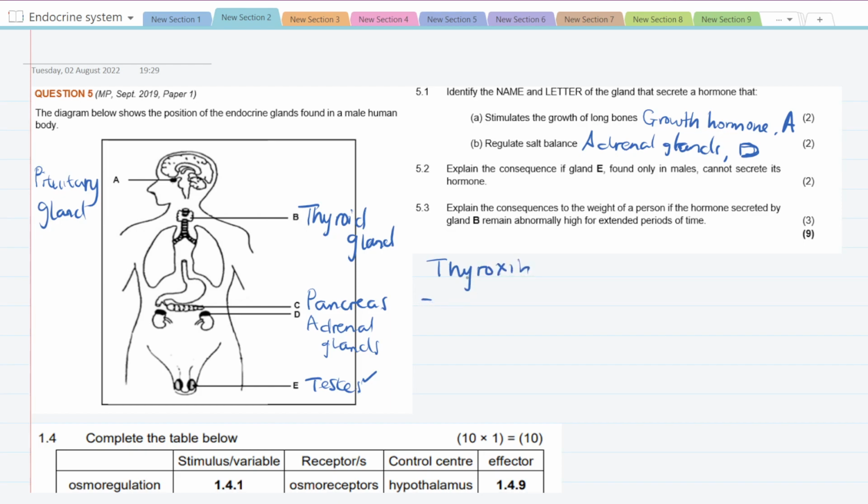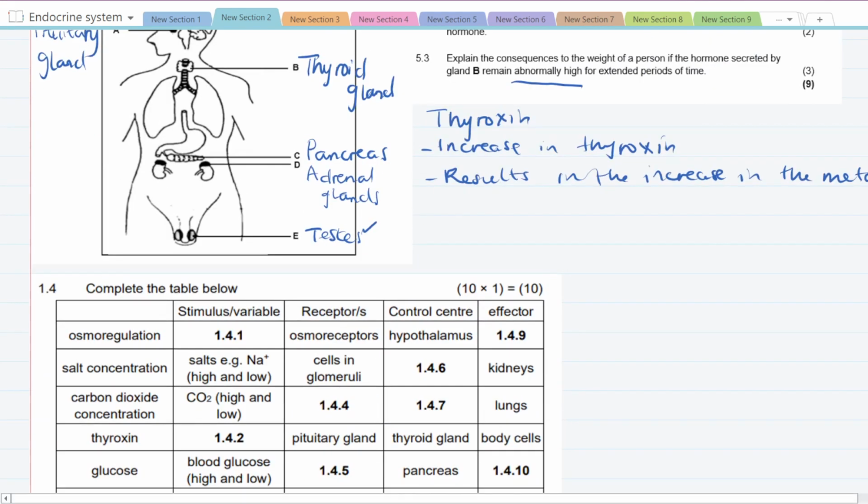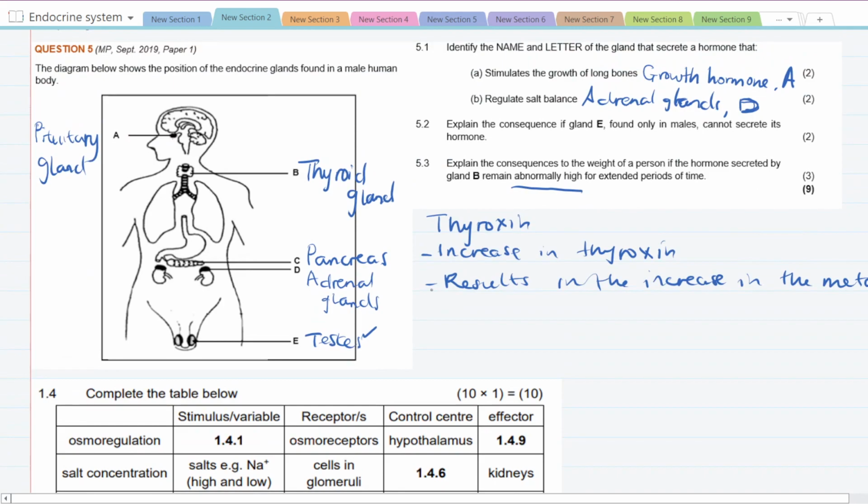And now they say this thyroxine remains abnormally high, so an increase in thyroxine results in the increase in the metabolic rate.